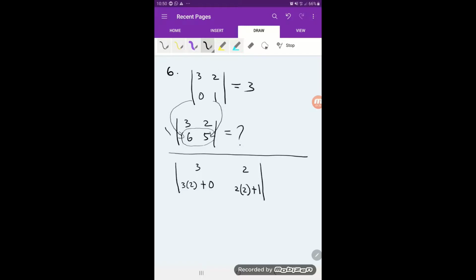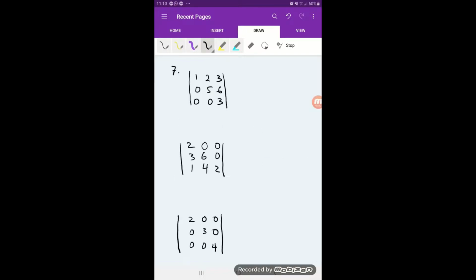So for the second row, you find the values 6 and 5. If we add or subtract a multiple of one row or one column to another, the value of the determinant is unchanged. So the value of this determinant is still the same, equal to 3.